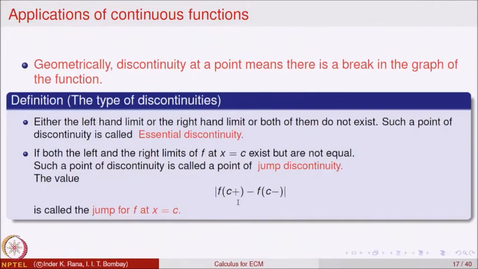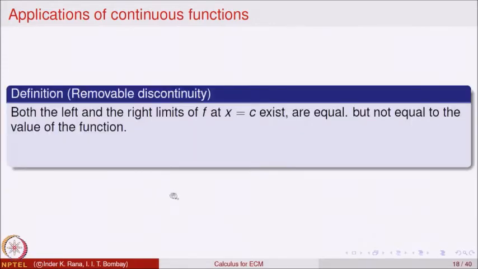The left limit f(c-) exists, the right limit f(c+) exists; look at the absolute value of the difference, that is called the jump of the function at that point. There is another possibility. The left limit exists, the right limit exists, they are equal, but not equal to the value of the function.